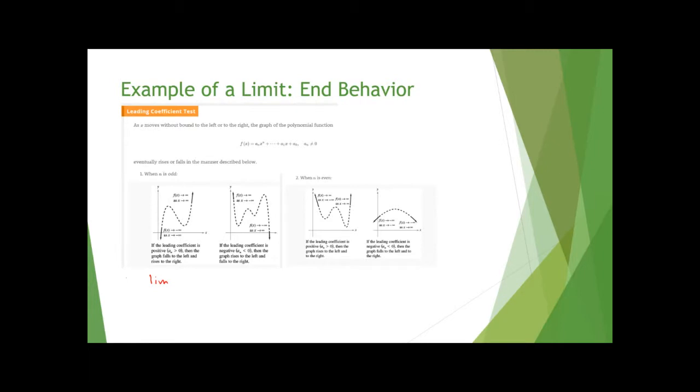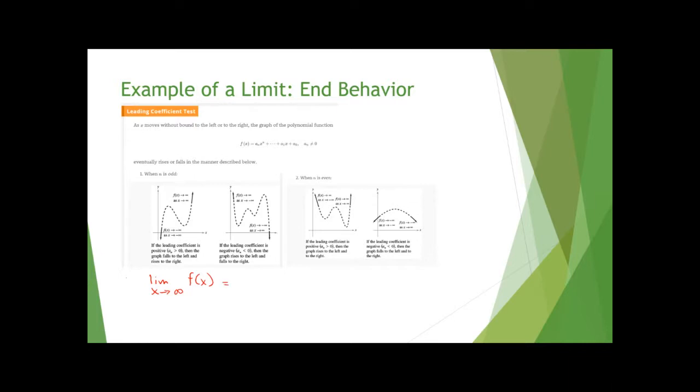So we abbreviate limit by lim, and then underneath it, we put where x is going. So let's say as x goes to infinity. And then you put what the function is. So the limit as x goes to infinity of f of x equals, and then you say, where does that go?